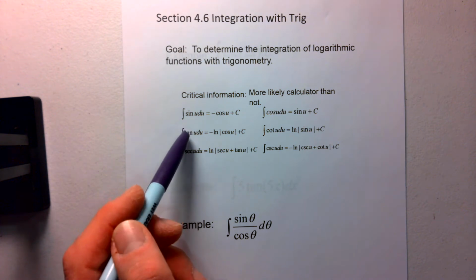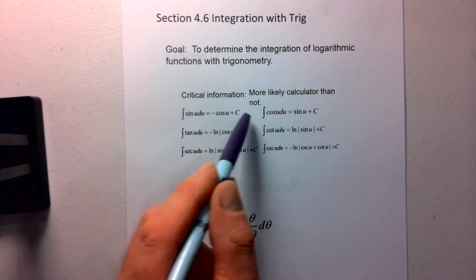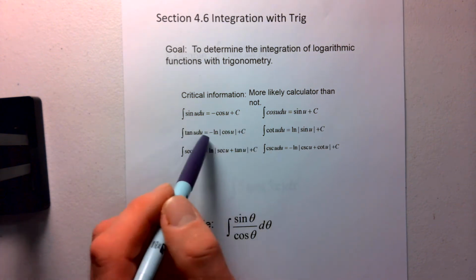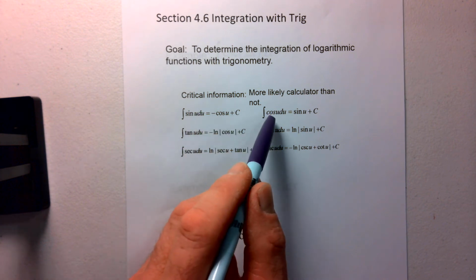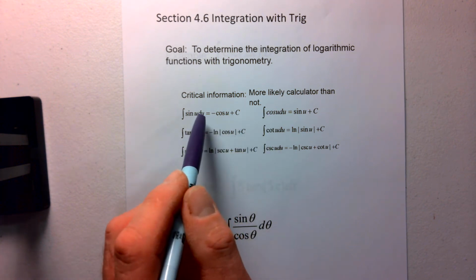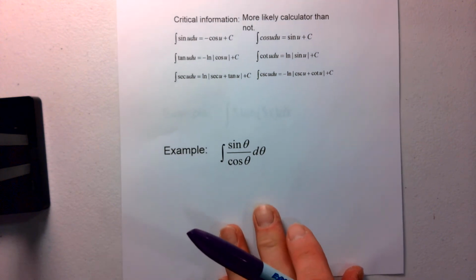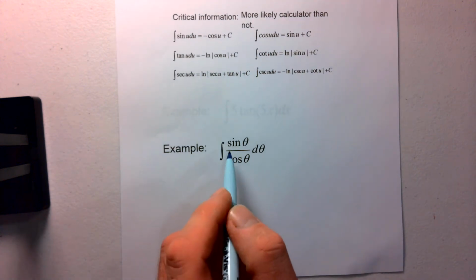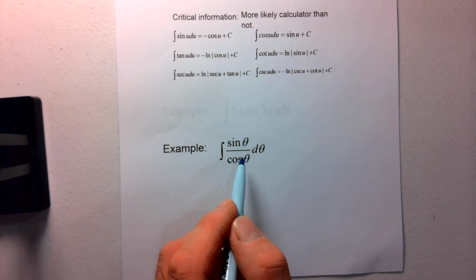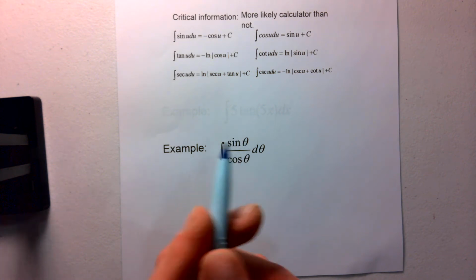And again, if we don't remember the sine or the tangent and cotangent ones, those are pretty nice and easy ones to come up with once we know the sine and cosine, as we're going to see in this first example. So here I'm asking you to integrate the sine of theta over the cosine of theta d theta.